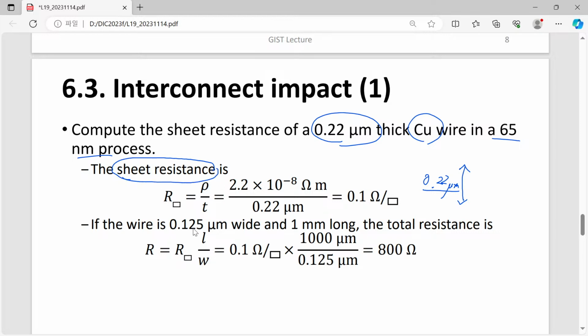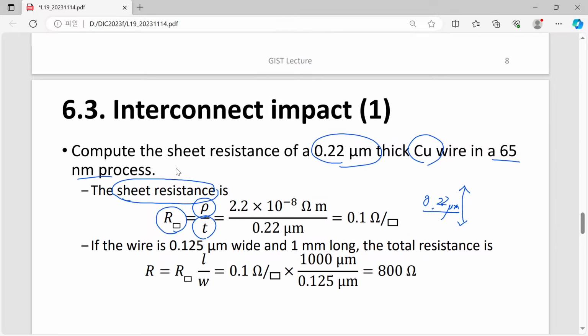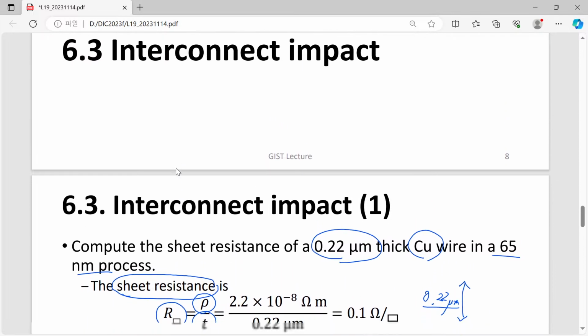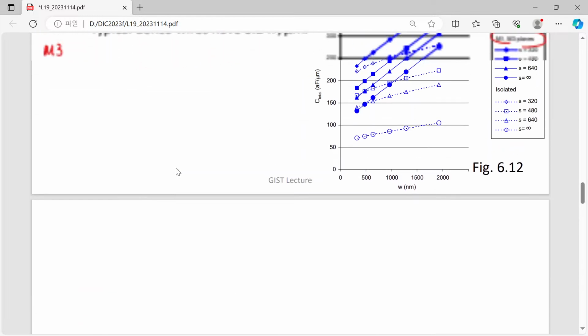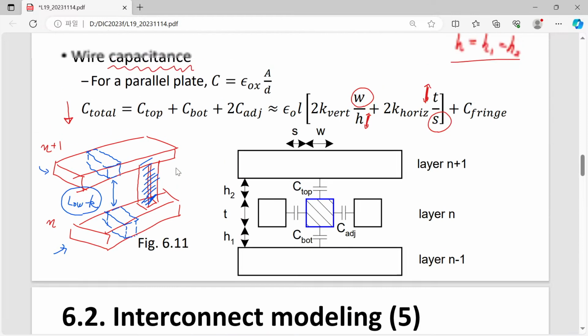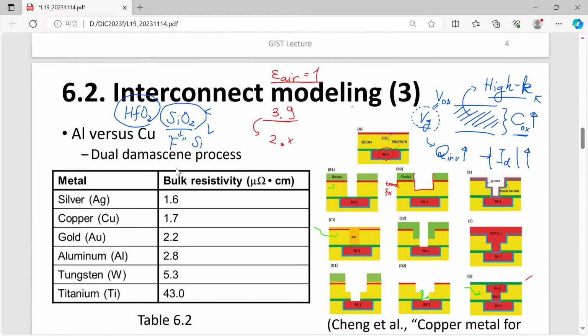You must remember that sheet resistance is given by the bulk resistivity divided by the thickness. If we have a thicker line, then the sheet resistance is reduced. Then where can you find this bulk resistivity of copper? Yes, you have a book for this.